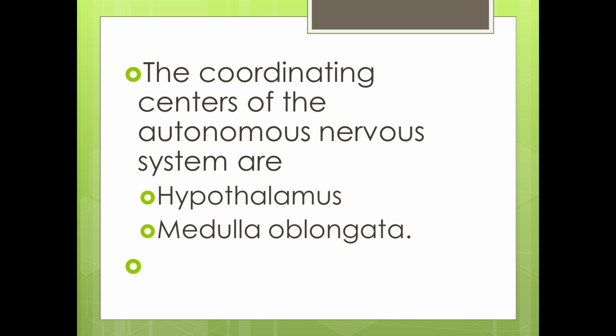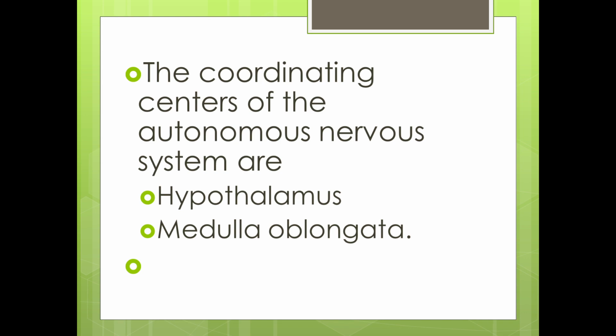This autonomic nervous system is controlled and coordinated by the hypothalamus of the brain and the medulla oblongata. Now you'll have a question, I know that. What is the hypothalamus? The hypothalamus is a part of your brain at the lower side of the brain.